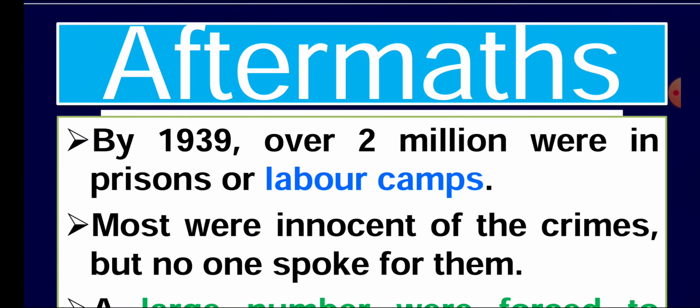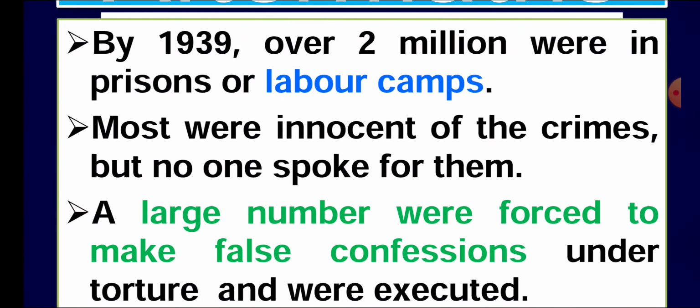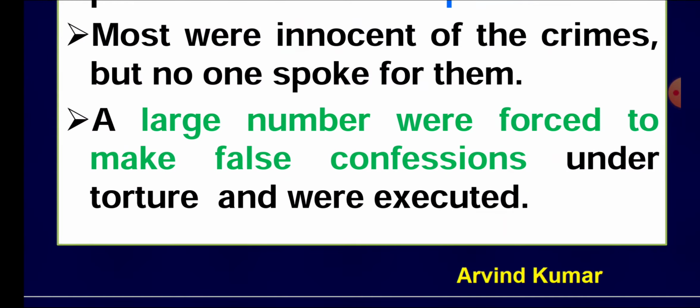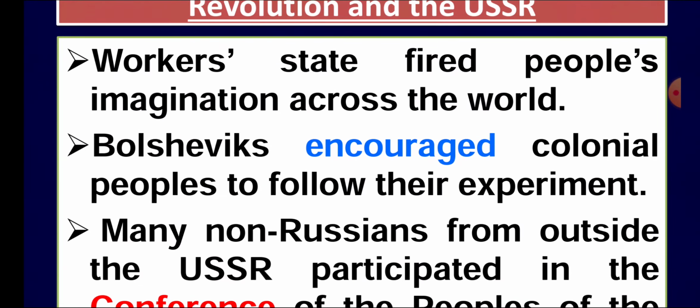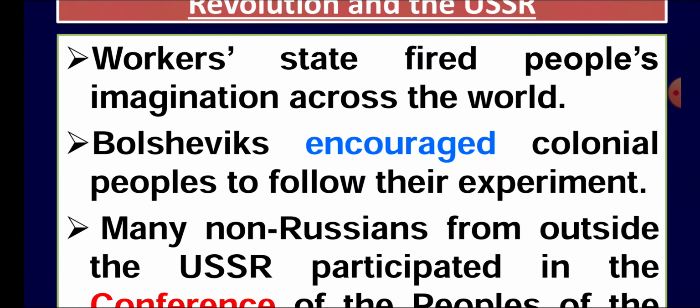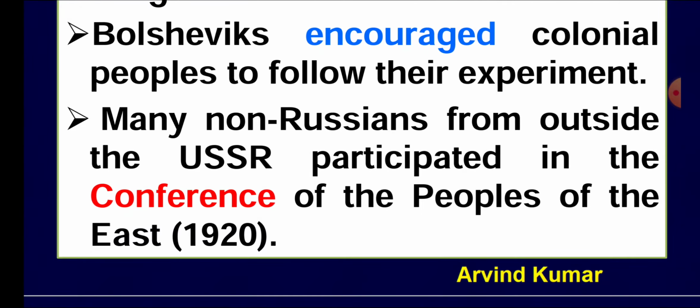Stalin took very hard and strict steps against critics, and Russia became a powerful nation after the First World War because of steps taken by Lenin and Stalin. Bolsheviks encouraged colonial people to follow their experiments. Non-Russians from outside the USSR participated in the conferences of the people of the East.